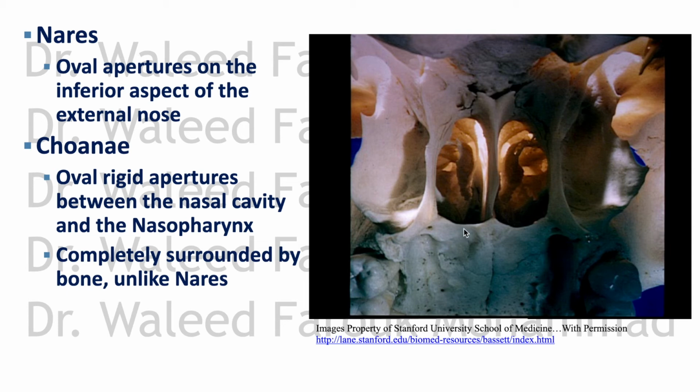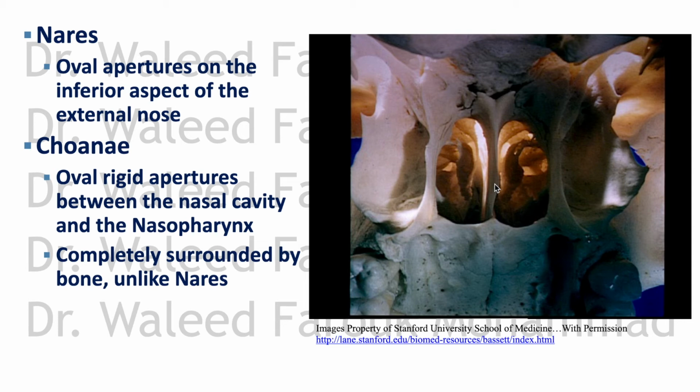There's no cartilaginous element here at all. And second, they open into the nasopharynx. It's made by the nearby bones, as you can see here, and divided, of course, by the septum. This is, by the way, the posterior end of the vomer. See, it's big.